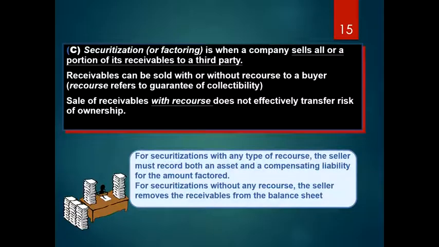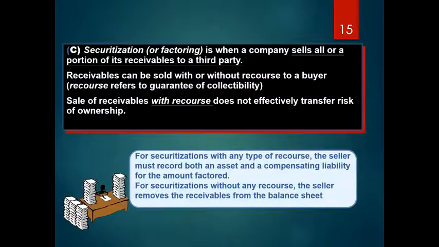Sale of receivable with recourse do not effectively transfer risk of ownership. So for securitization with any type of recourse, the seller must record both an asset and a compensating liability for the amount factored. Whereas for securitization without any recourse, the seller removed the receivable from the balance sheets.